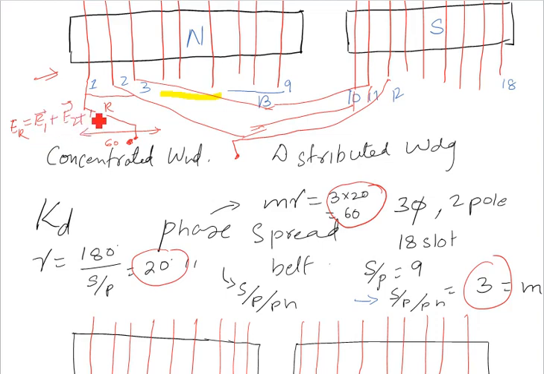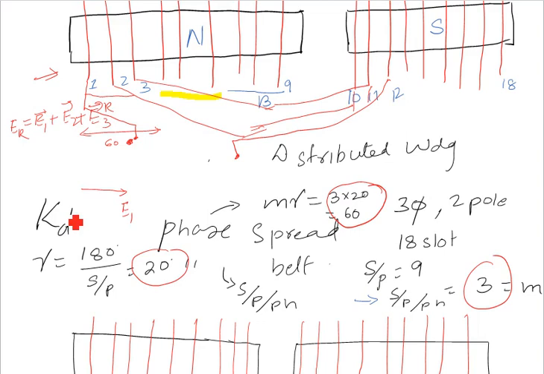So this is the whole voltage induced in the R phase, made up of EMF 1, 2, and 3. Now if we want to note down how much the resultant EMF is, let this be my EMF 1.